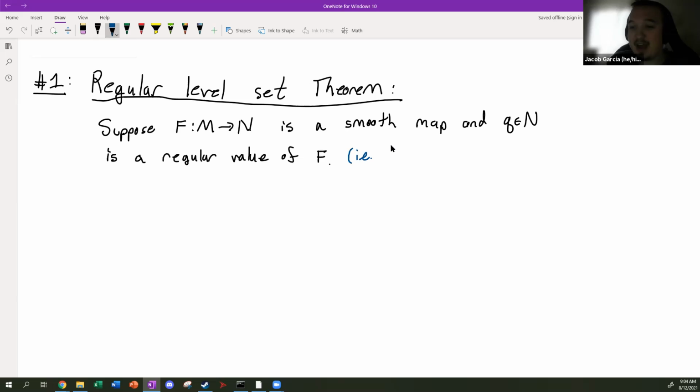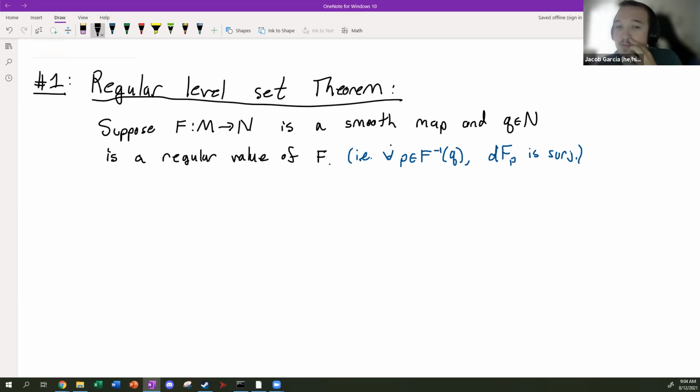And in case you have forgotten what regular value means, i.e., for all p in the preimage of q, the differential of f at p is surjective. That's what it means to be a regular value.